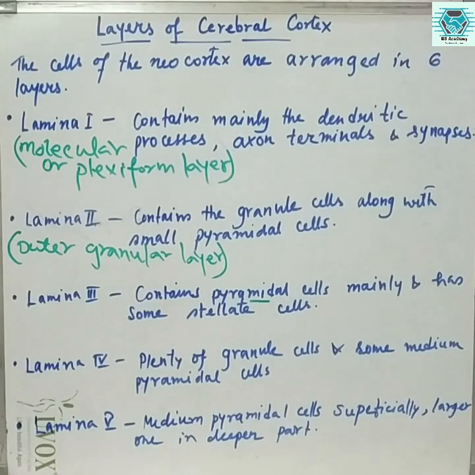The pyramidal cells situated superficially are smaller and are medium size in the deeper part. You can see already the diagram. Those which are present superficially are smaller. And this lamina 3 is also known as outer pyramidal cell layer.